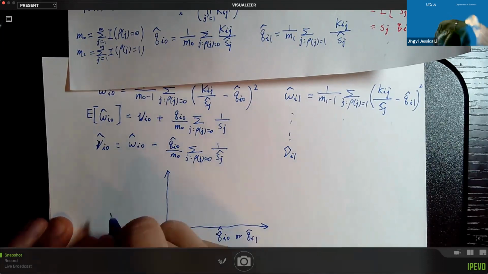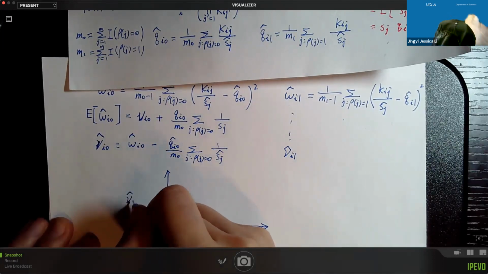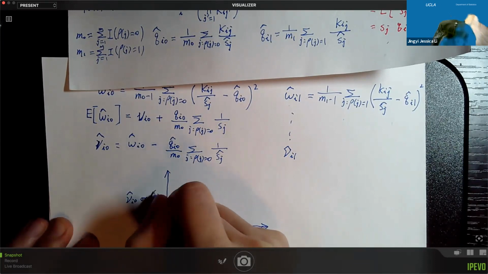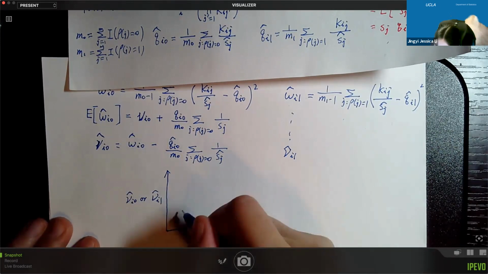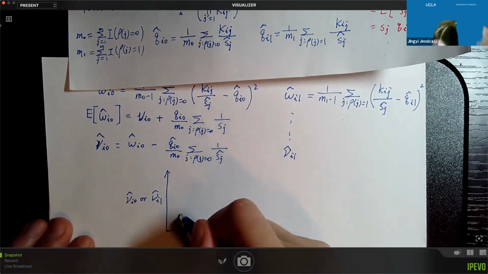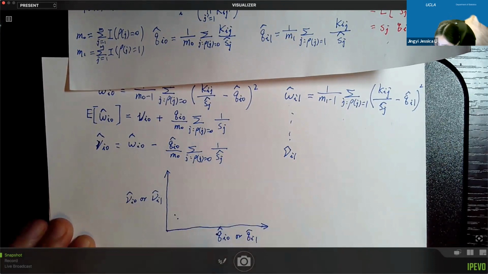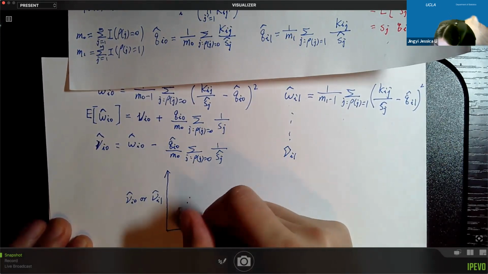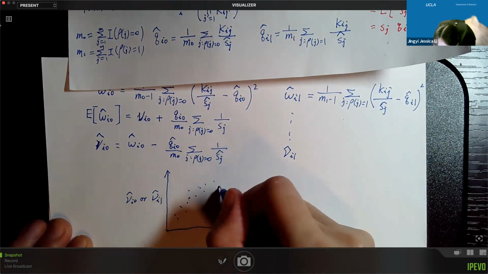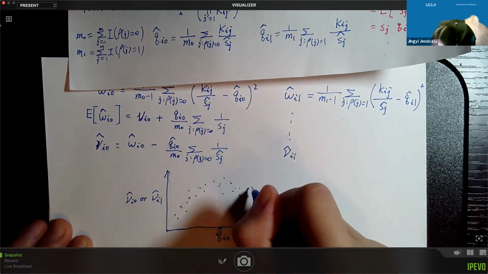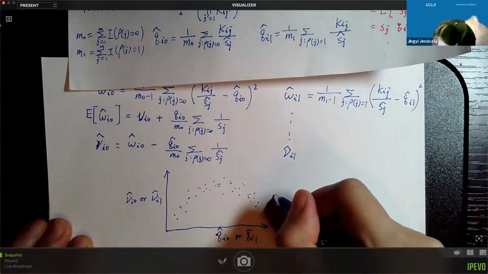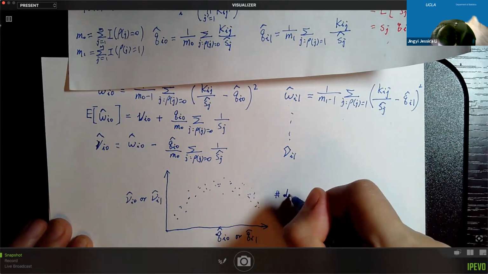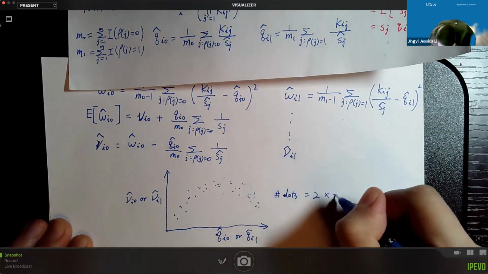In the y-axis, you will have the nu hat I0 or nu hat I1, which are both here. So every gene will give you 2 dots: one corresponding to condition 0, one corresponding to condition 1. You plot all the genes for the 2 conditions right here. So the number of dots is equal to 2 times the number of genes.